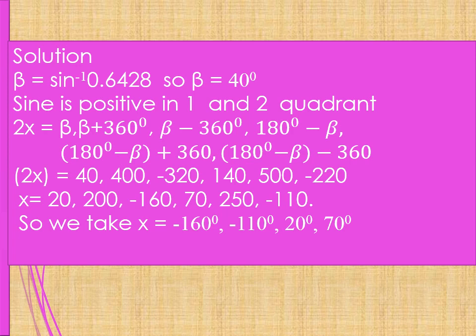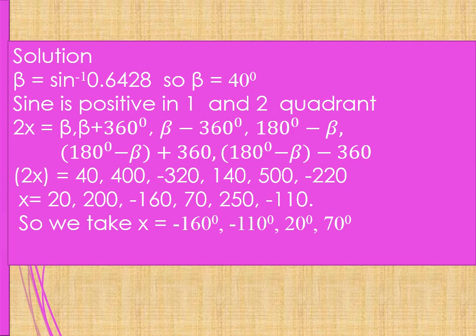Beta is sin inverse of 0.6428. So we are going to take beta as 40 degrees. Sin is positive in the first and second quadrant. So 2x is equivalent to beta, beta plus 360, beta minus 360, 180 minus beta, 180 minus beta plus 360, and then 180 minus beta minus 360.